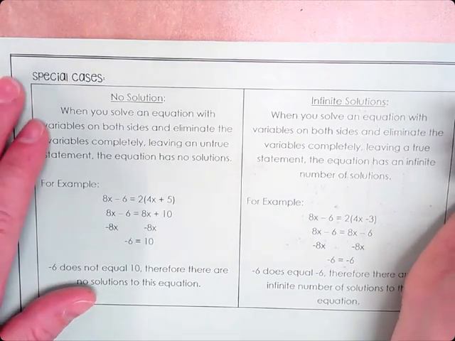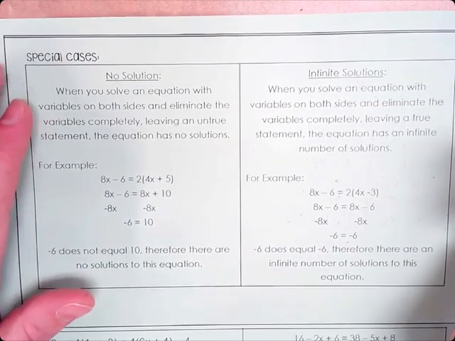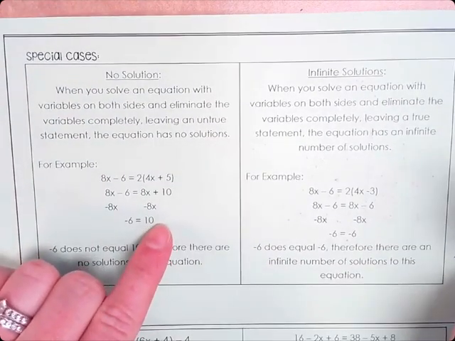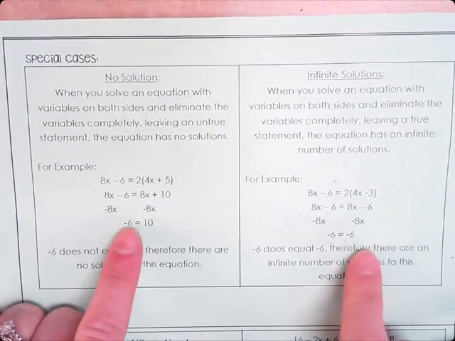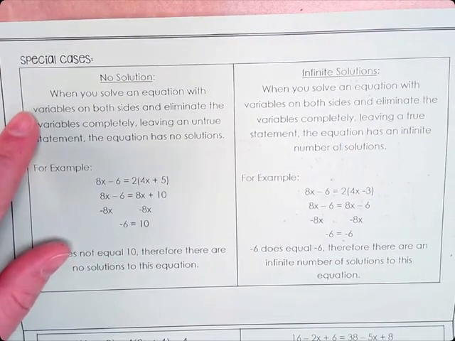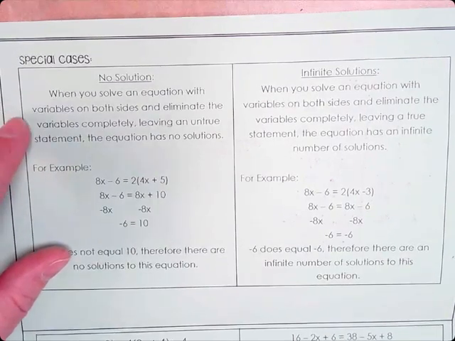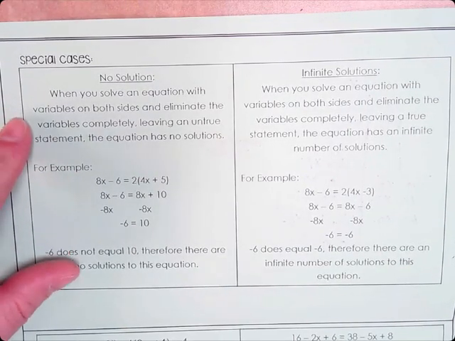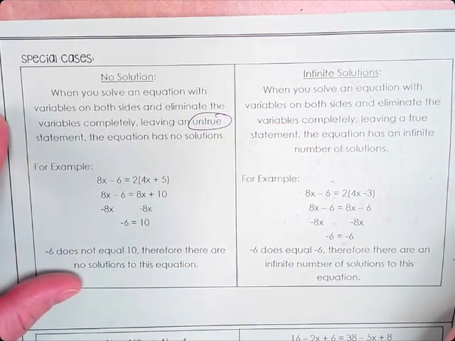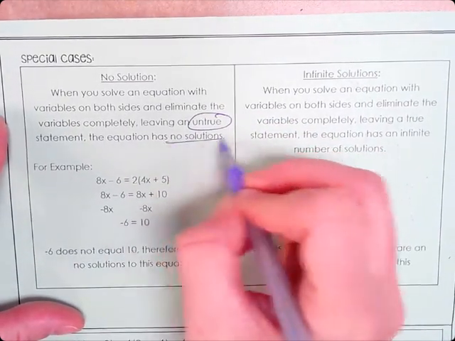So sometimes whenever you solve equations, the x values cancel out, and that just leaves a number equals a number. So in these two cases, here's our example. When you solve an equation with variables on both sides and eliminate the variables completely, leaving an untrue statement, so a false statement, the equation is said to have no solutions.